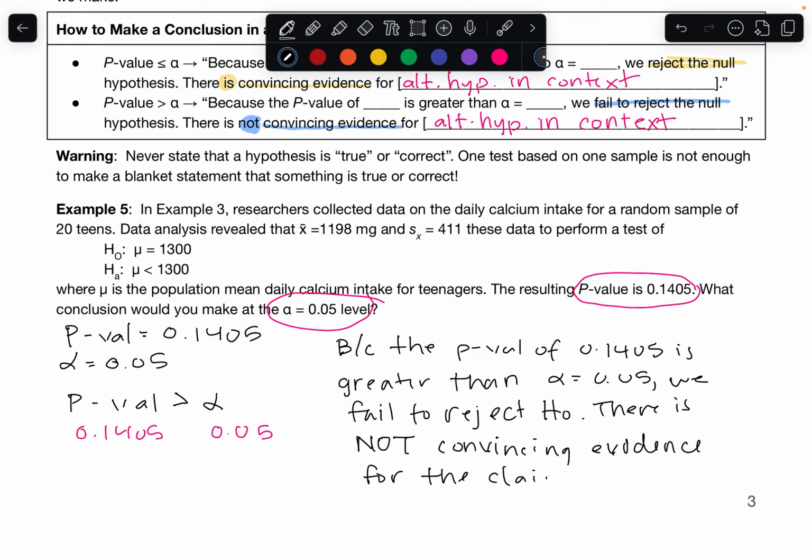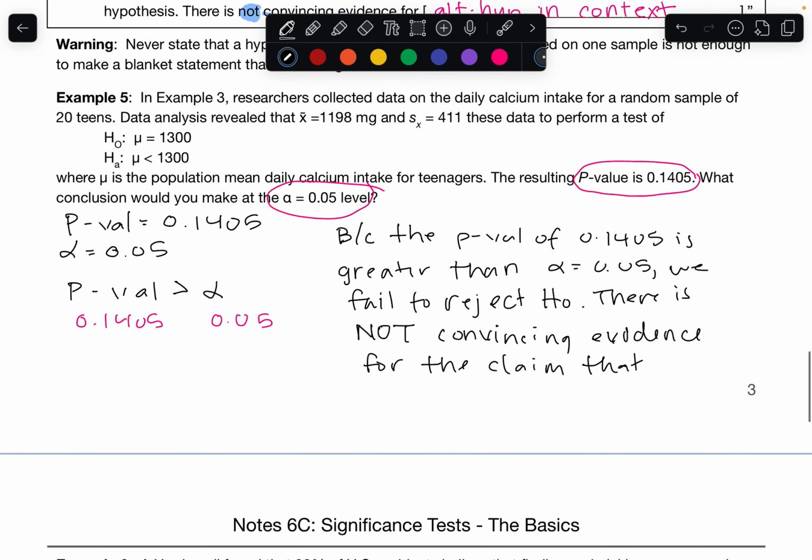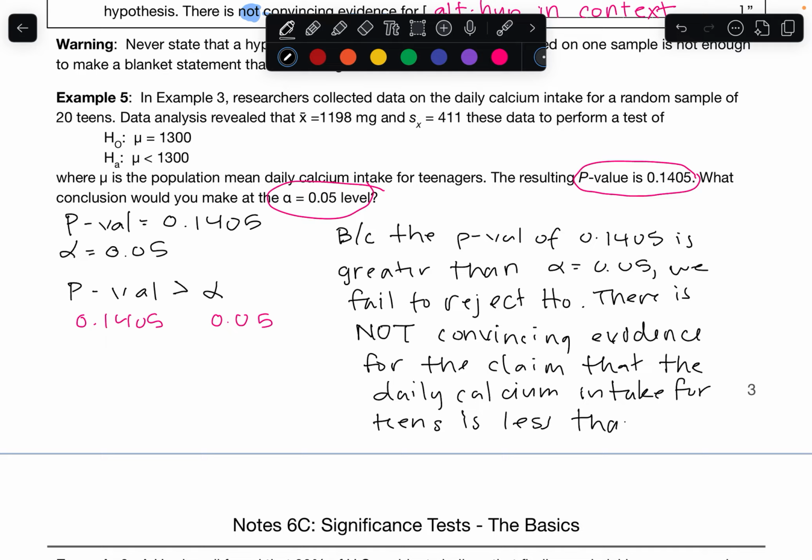the claim that, and then I go back and look at what my alternative was in the problem, and we're talking about daily calcium intake. So there is not convincing evidence for the claim that the daily calcium intake for teens is less than 1,300 milligrams.